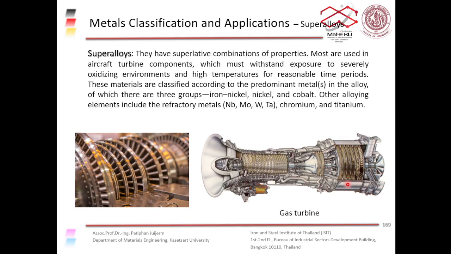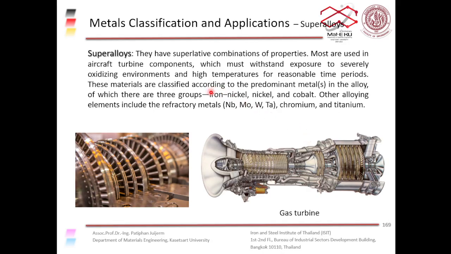That material has to be very strong at that temperature and has to be able to withstand oxidizing environment at that high temperature. So there's only a handful of materials that you can choose from.